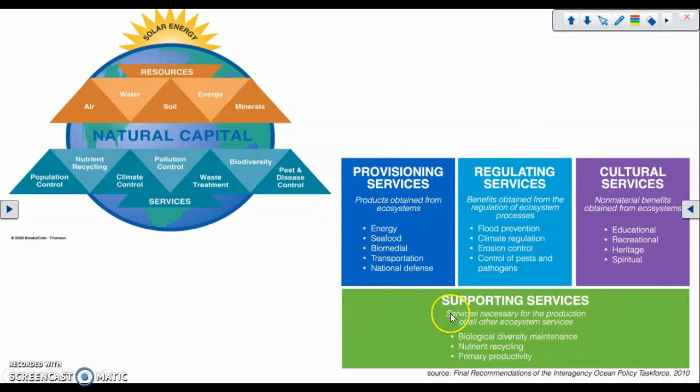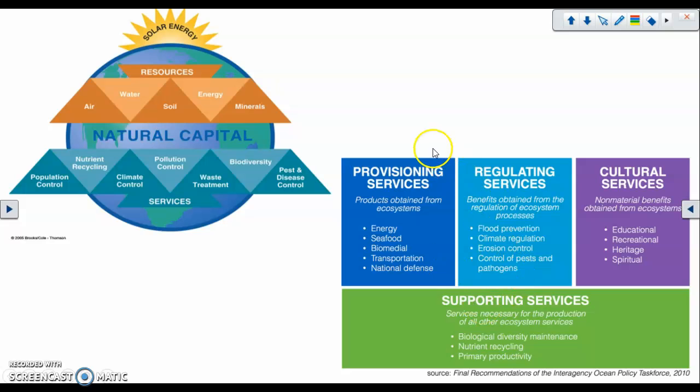The most important are supporting services, because without supporting services, all of these other services will not be present. Supporting services include nutrient recycling, which we're going to talk about pretty soon, and primary productivity, which in this case means plants. Without supporting services, humans, who are the ones receiving the services, would not get any of them.